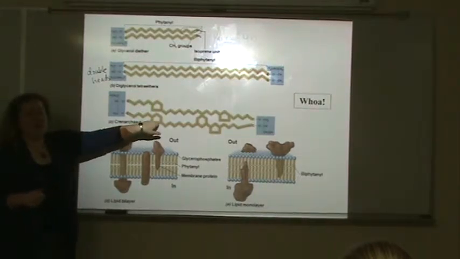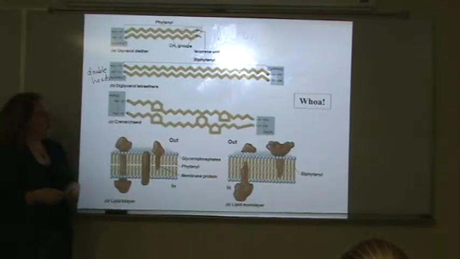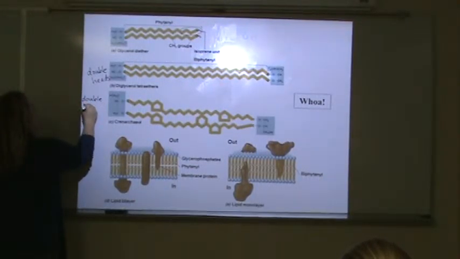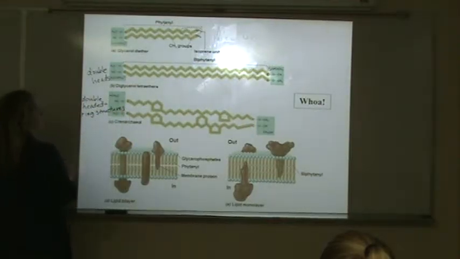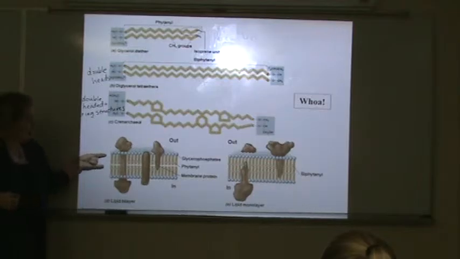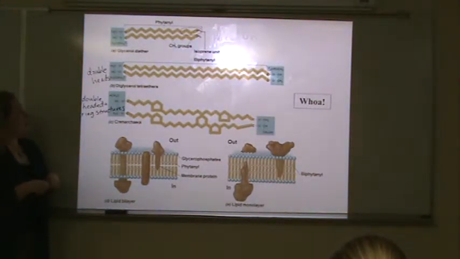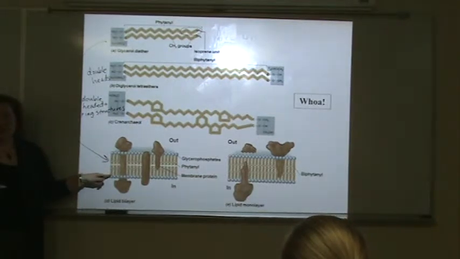It's got ring structures within the fatty acid tail, which is unusual in the world of membrane lipids. So this one is double-headed, plus it's got ring structures. And what that means for the membrane construction is that here's, of course, our normal situation and the situation that these would make, still a membrane bilayer.